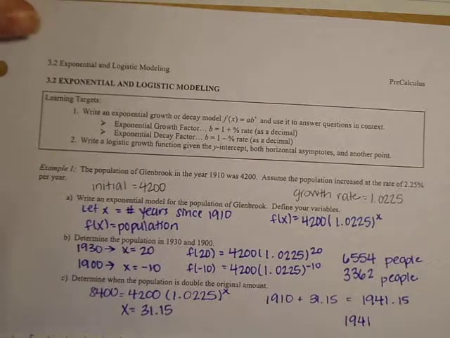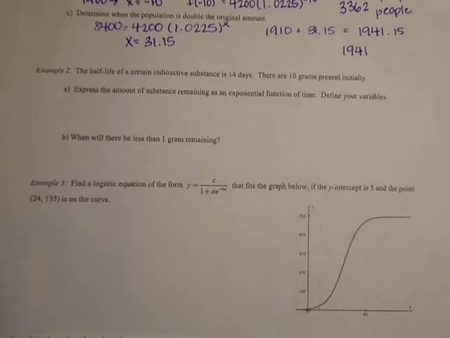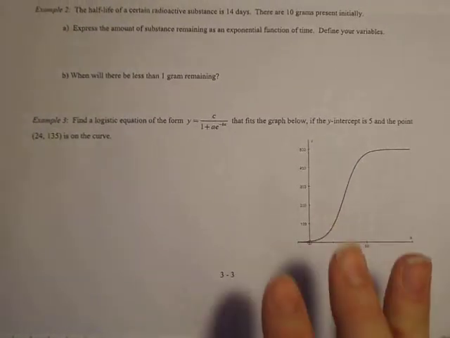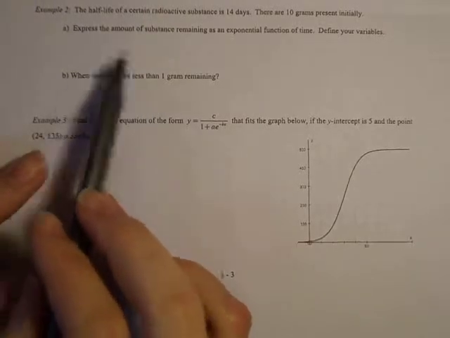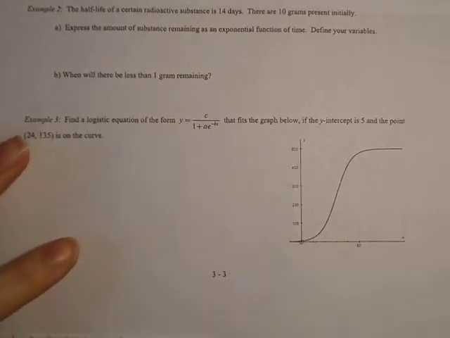Now let's look at another common application. Half-life. This is an example of exponential decay. So to figure out where we're going to start, we're going to define our variables.